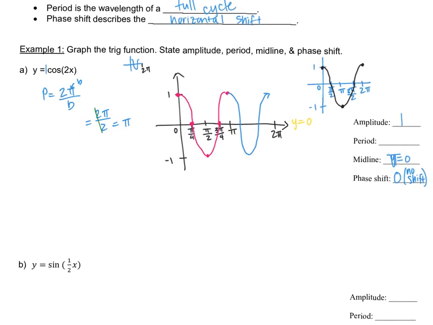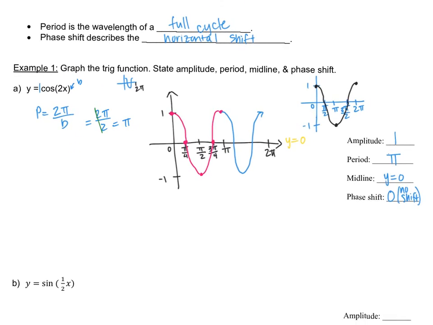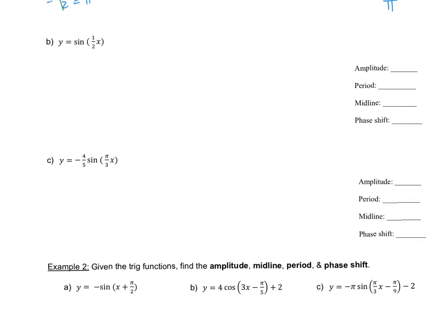So this one's going to be a sine graph here. So in this trig function, we have b as 1/2, or the number in front of x is 1/2. So if I were to find my period, I would have 2 pi over b, which is 2 pi over 1/2.